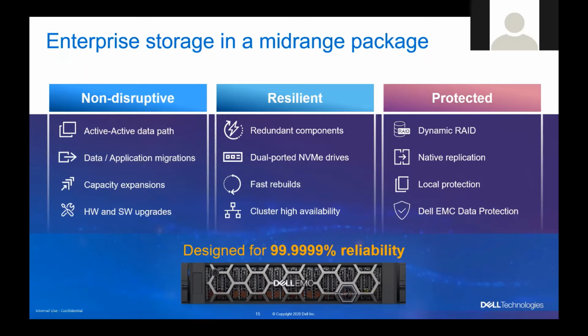When you have a failover event, those NVMe drives are already attached to both nodes, so you're going to have a seamless failover with a highly available solution. Very fast rebuilds with the sparing, because it's distributed sparing, so there's not a single drive sitting idle waiting to take on that data. The spares are spread across all the drives, so the rebuilds are very, very fast in the event of some sort of failure.